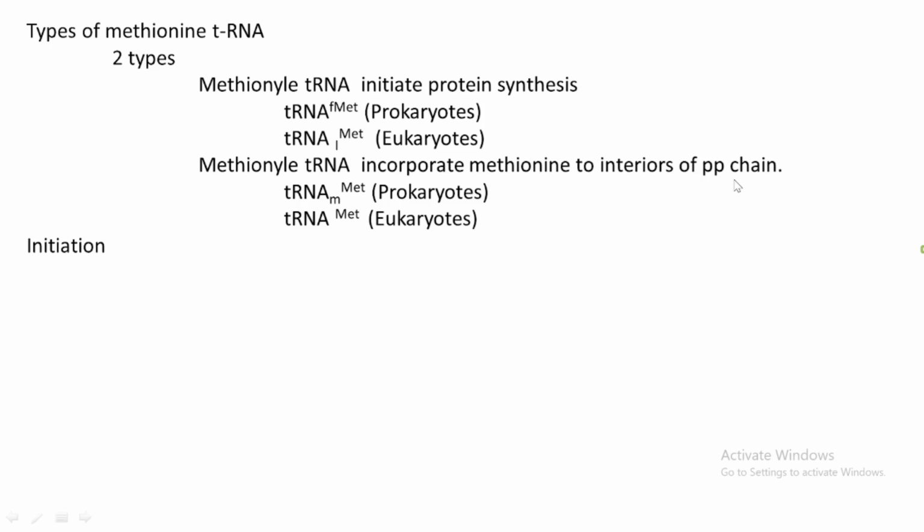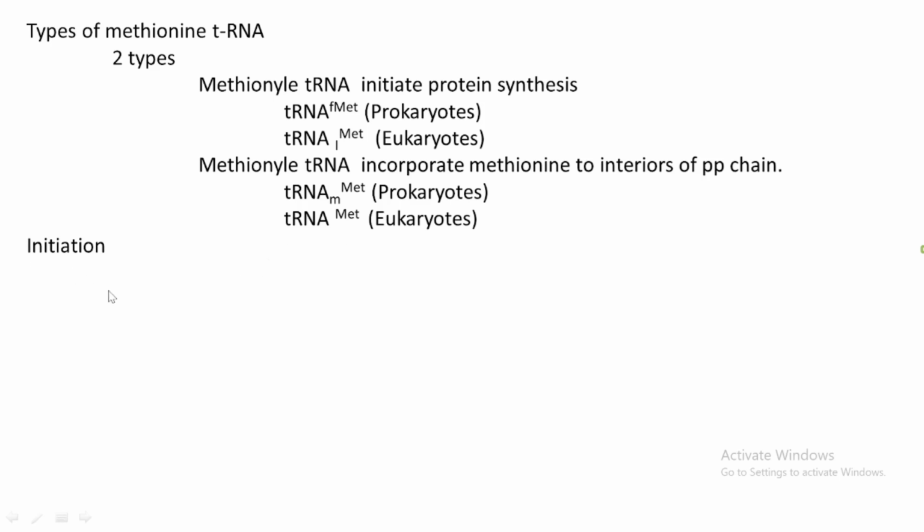They remain as part of that polypeptide chain itself. That type of methionine tRNA also has two types with respect to prokaryotes and eukaryotes. In prokaryotes it is called tRNA met, and in eukaryotes it is called tRNA met. Okay, I think all these points are clear to you.